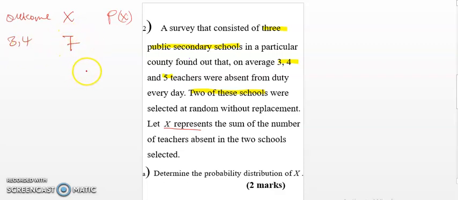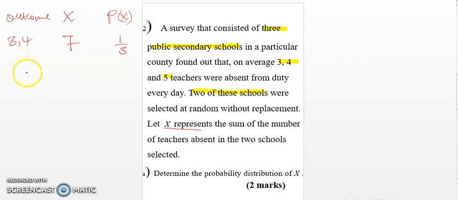Of course, since it is a total of 3 public schools, it will be simply 1/3. That will be the probability, because we're looking at a survey that consists of 3 public secondary schools. So the probability of X is simply 1/3.